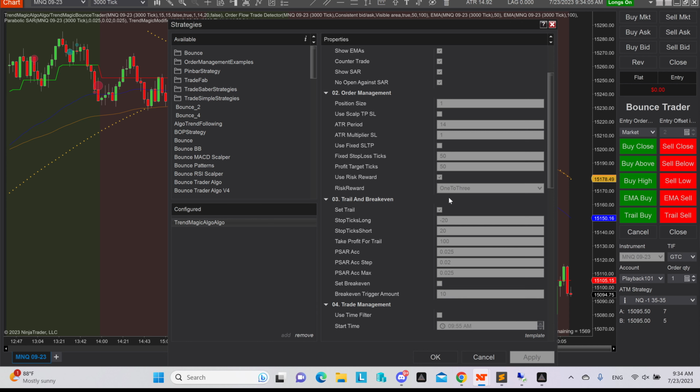It's one of those strategies where you just keep it on and have it working for you the whole session. It's just going to focus on getting those larger moves, and those larger moves will outweigh all the losses. I'm going to show that to you in a moment.